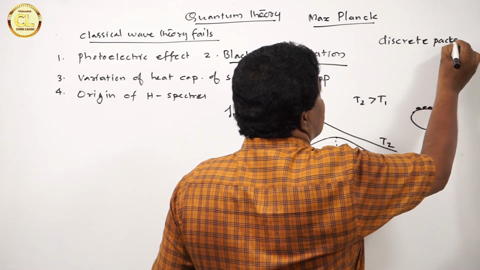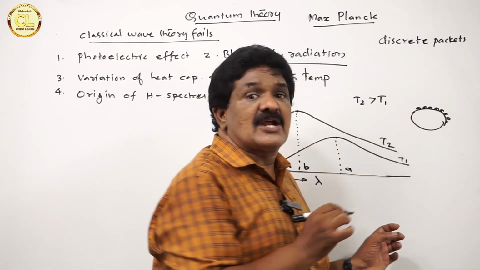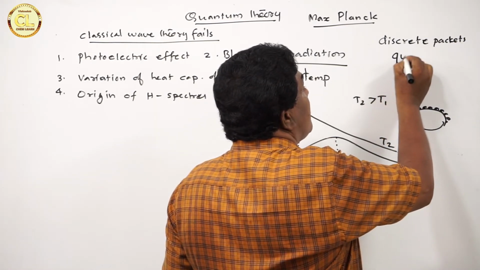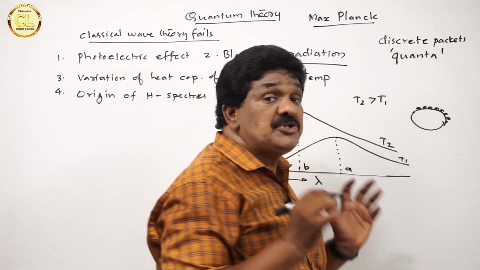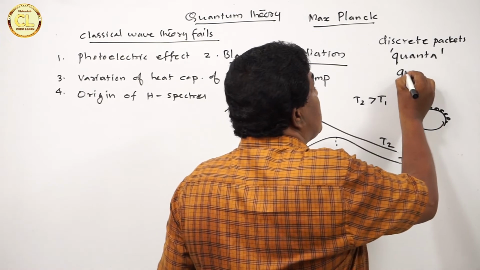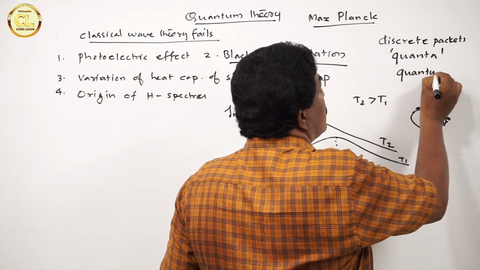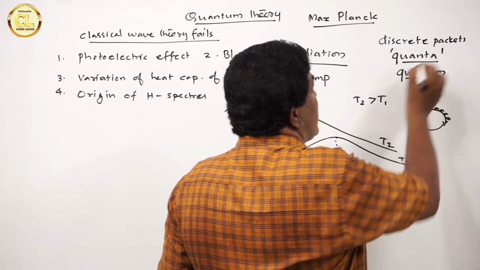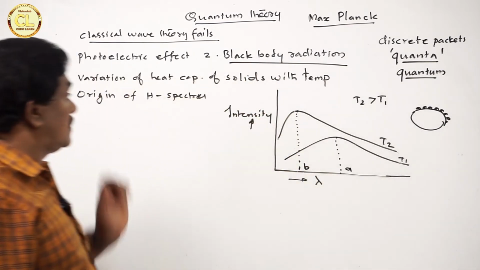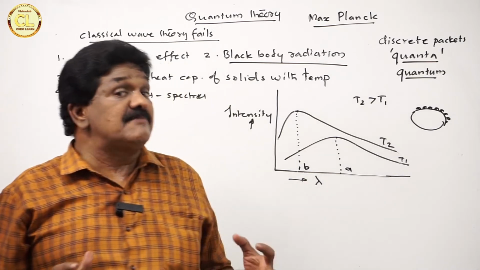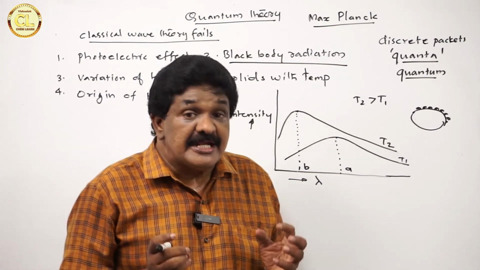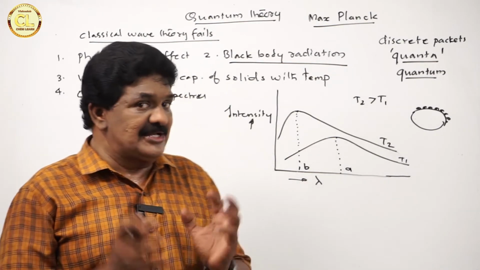These packets are called quanta. And each packet is called a quantum. Quantum is singular and quanta is plural. That is, the absorption or emission of radiations takes place in discrete chunks of energy.